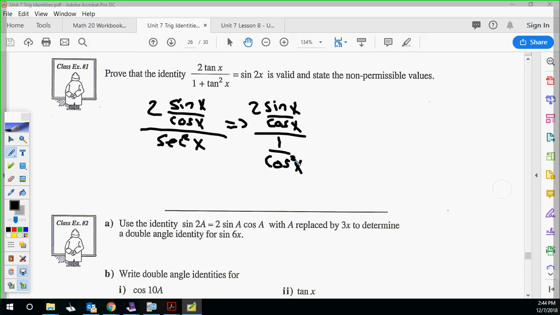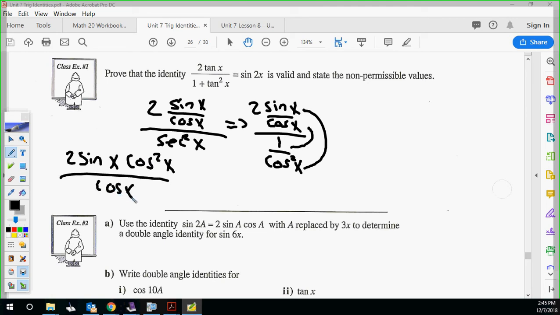Okay, now you get this fraction stuff. The 1 goes here, the cos goes here: 2 sine x cos squared x over cos x. So you get a cancel, and you get 2 sine x cos x. I'm going to stop there for the left side.